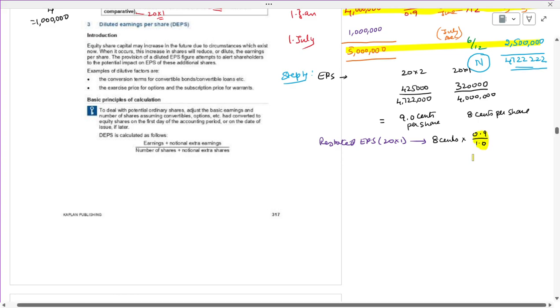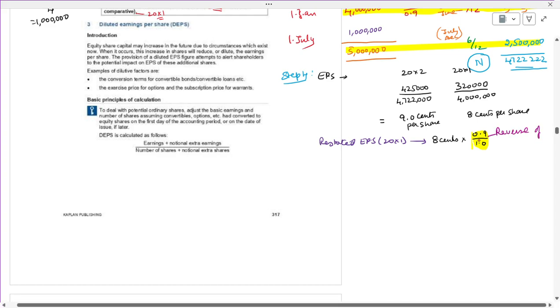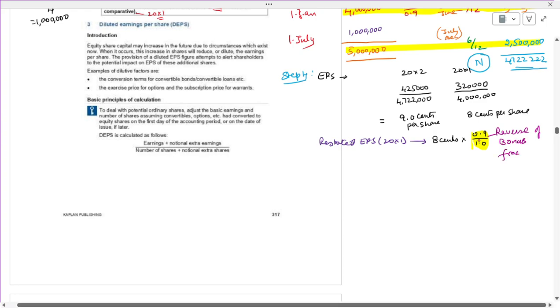I will write it here. This is the formula.